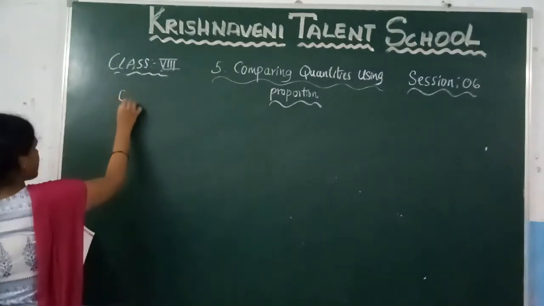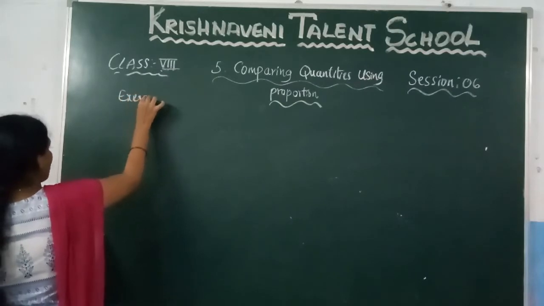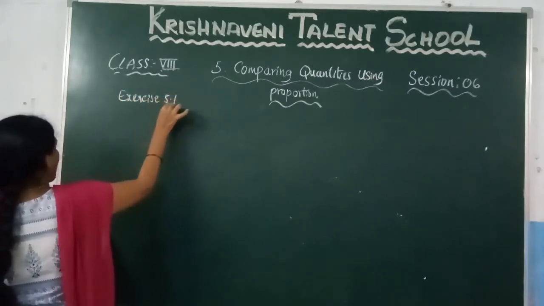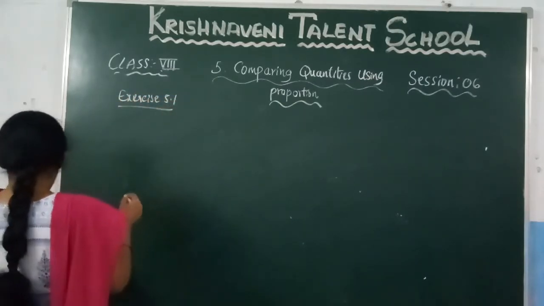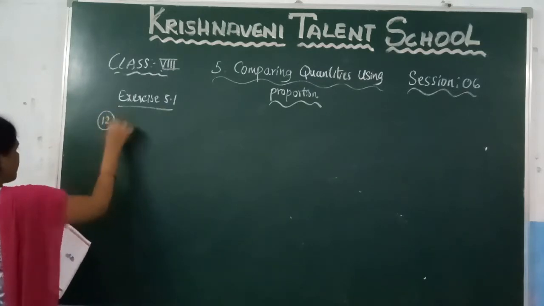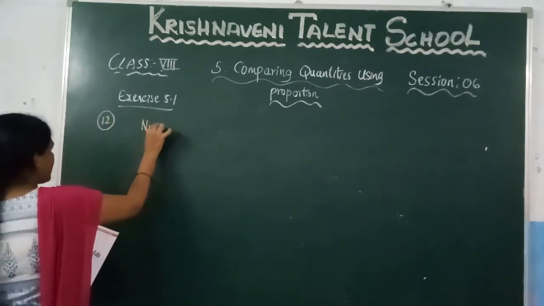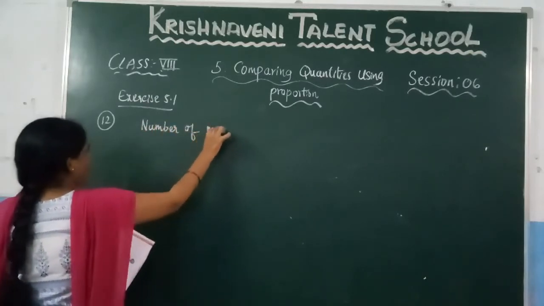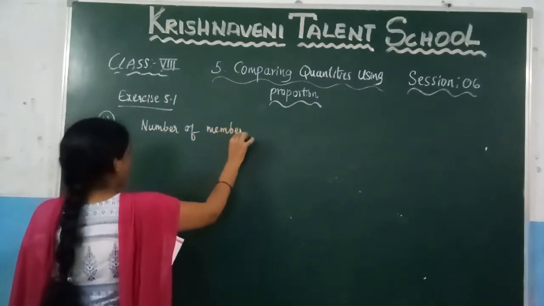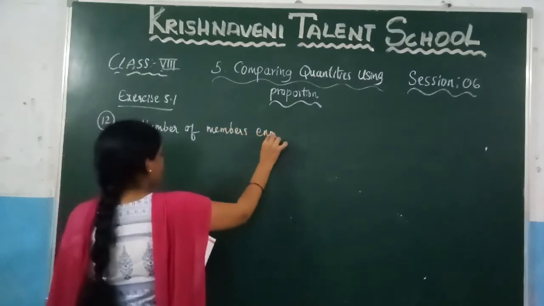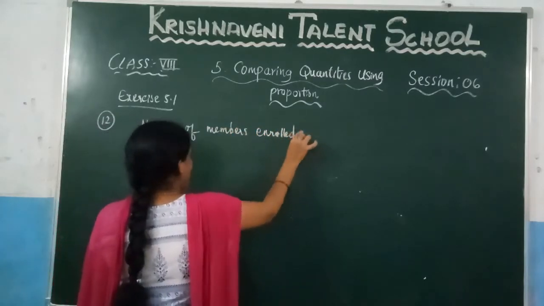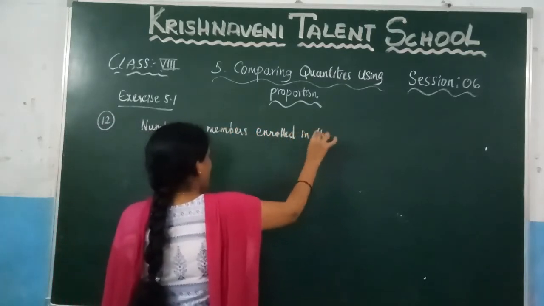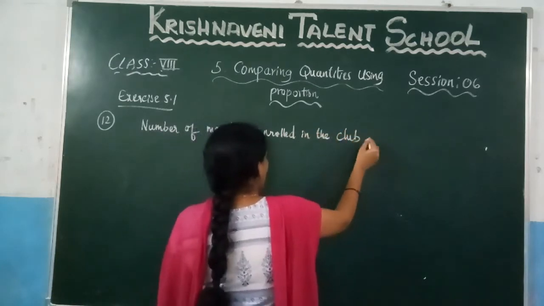So, in exercise 5.1, 12th question. Write it here. Number of members enrolled in the club last year.